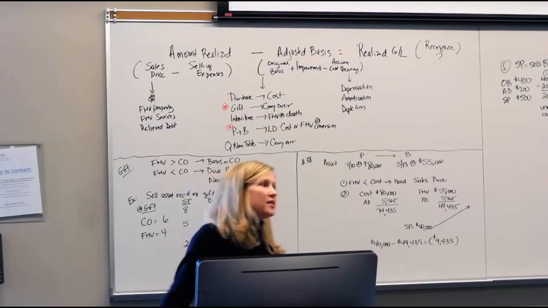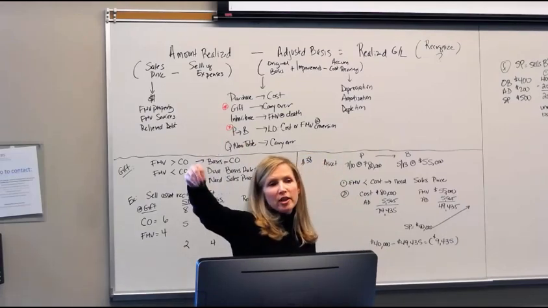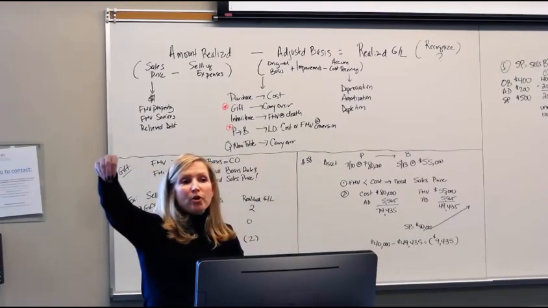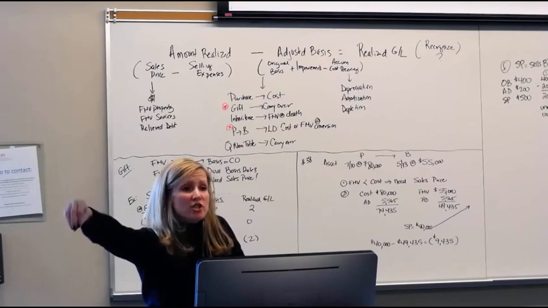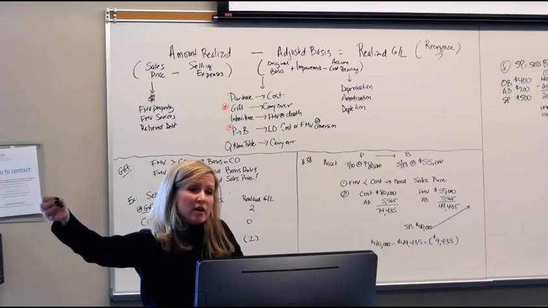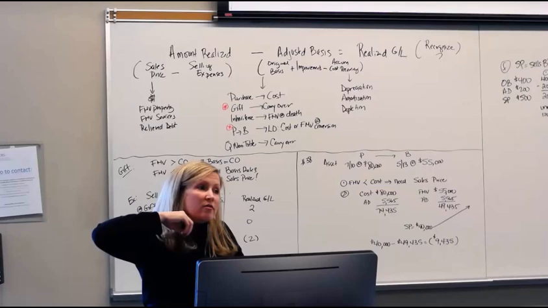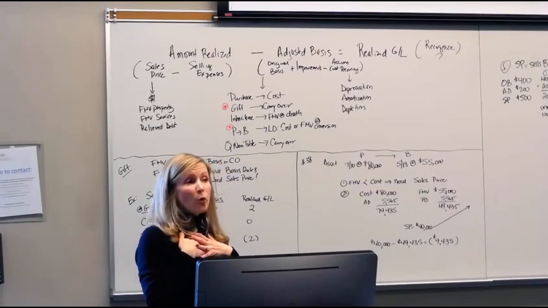And the rule says that if one related party sells property to another related party and the property is depreciable in the hands of the purchaser, okay? It's depreciable in the hands of the purchaser. Then the entire amount of the gain recognized by the seller is ordinary.